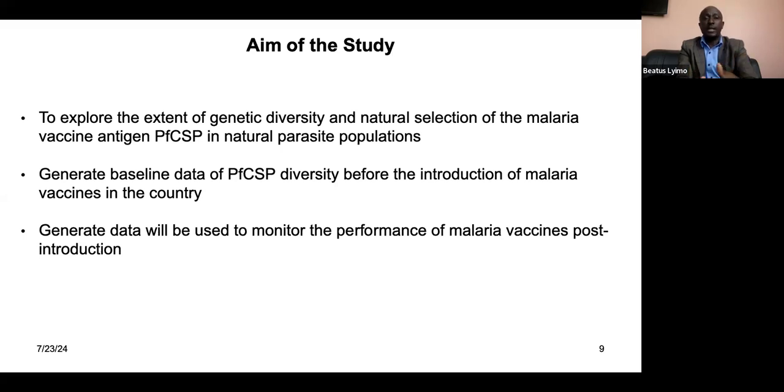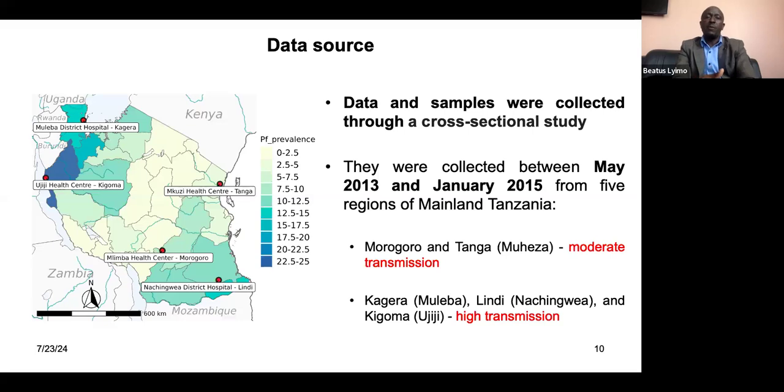This will help us generate baseline data for Pfcsp diversity before the introduction of the malaria vaccine in the country, and this data will be used to monitor the performance of the malaria vaccine post introduction of the vaccine.